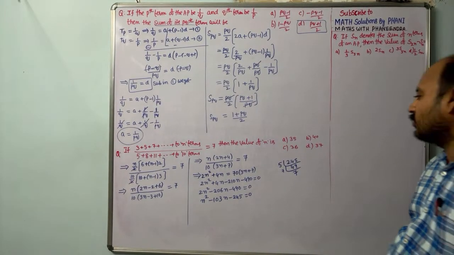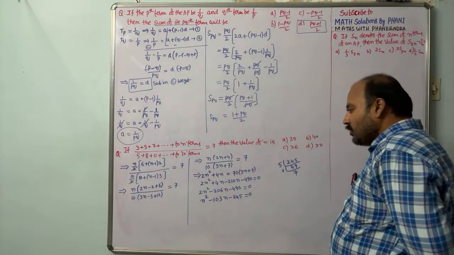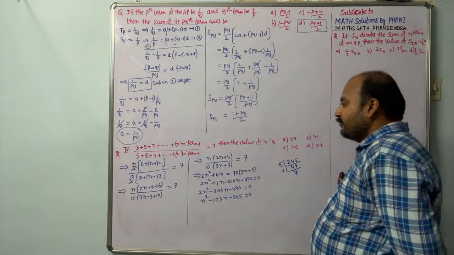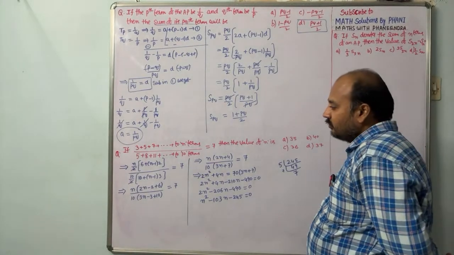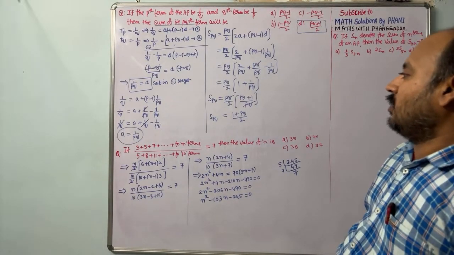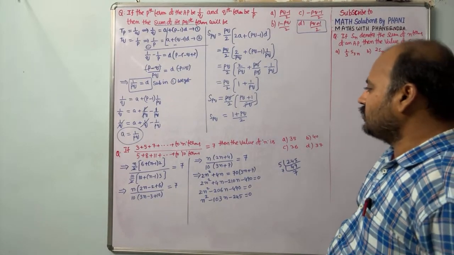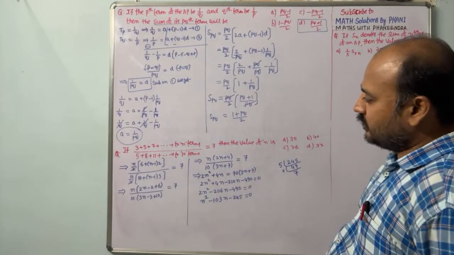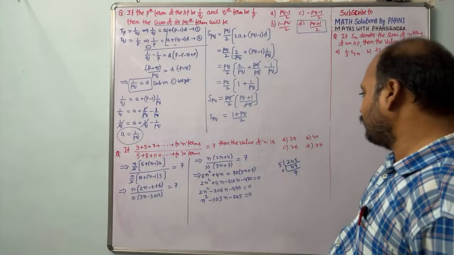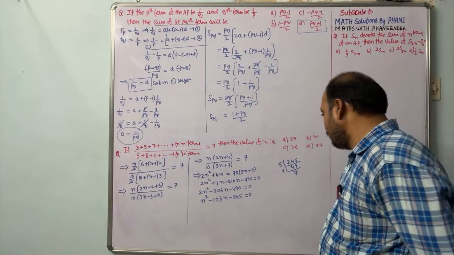245 and 103, n factorization we need to do. Common difference is 3, n is equal to 10 is there, 10 by 2, 2 will get cancelled. Okay, 3n minus 2 plus 2n plus 4 we got 3n plus 7.